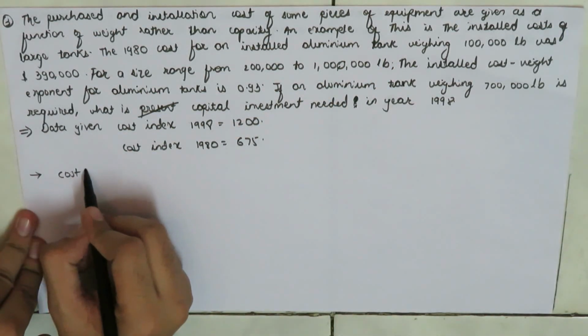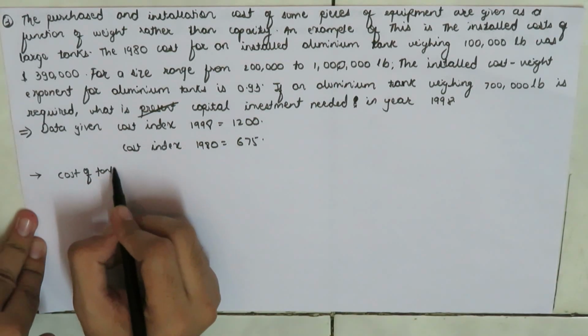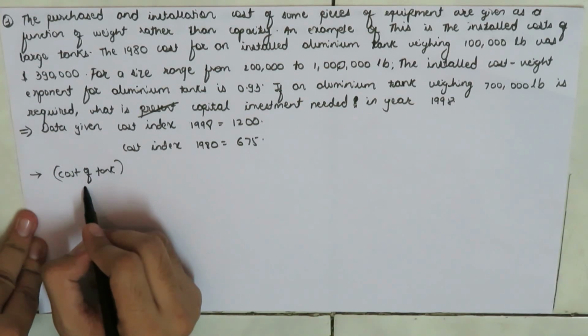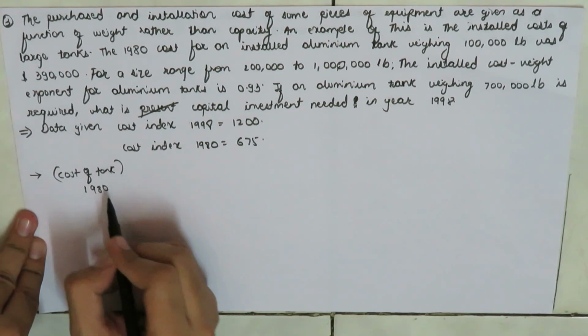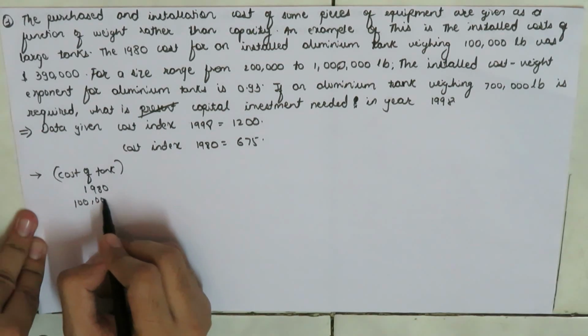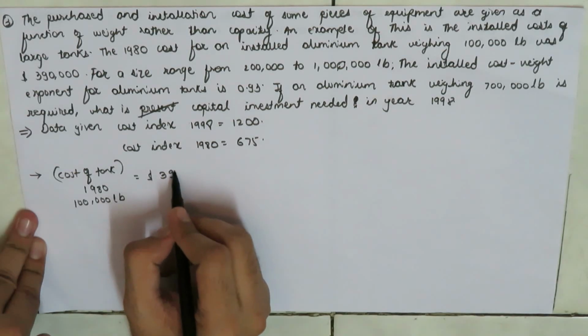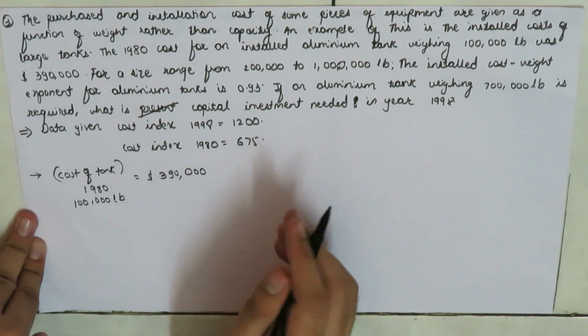So here we have the cost of, let's call this a tank, in the year 1980, whose weight was 100 into 10 to the power 3 pounds, equal to $390,000.